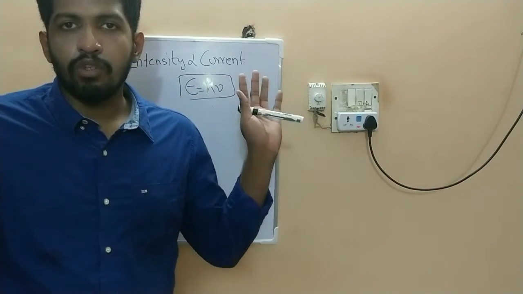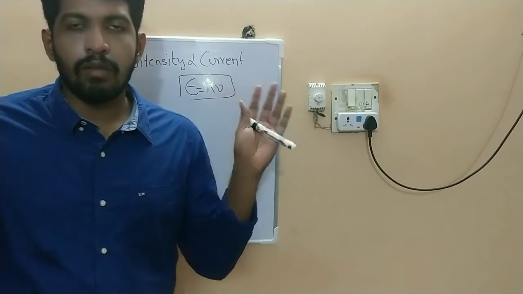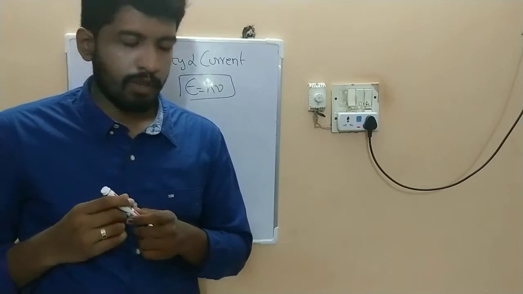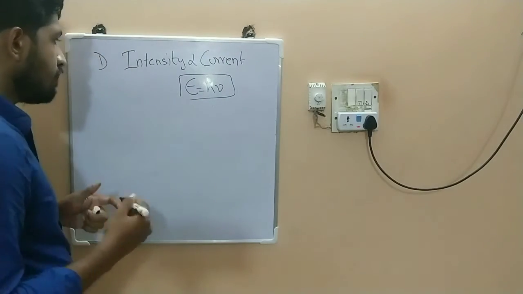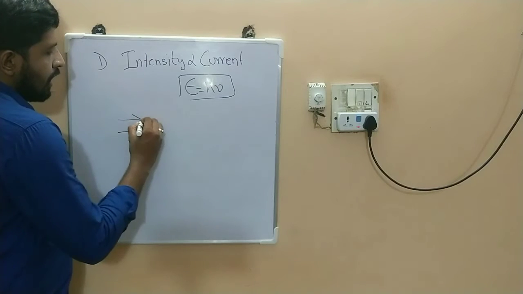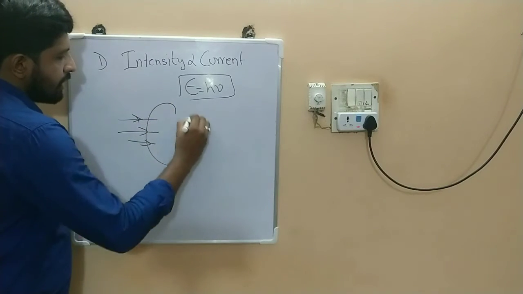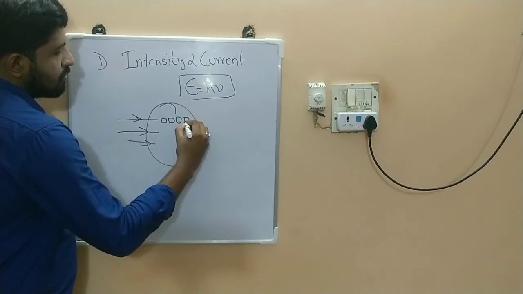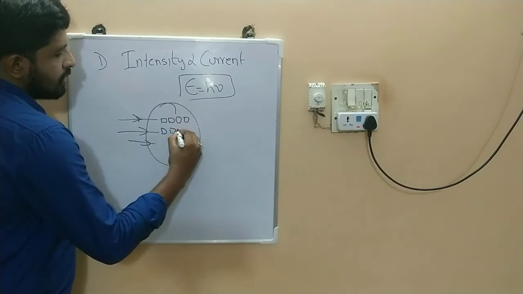Hence, a large number of these photons together constitute a beam of light. So suppose there is a beam of light, and if we magnify it, it will be seen as the photons moving in the direction.